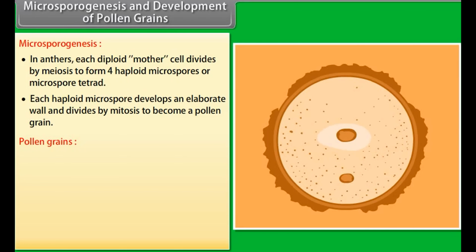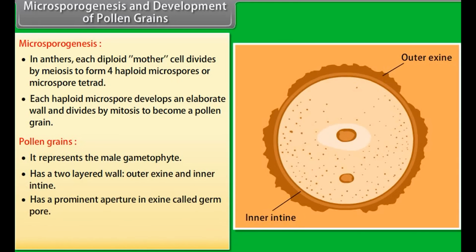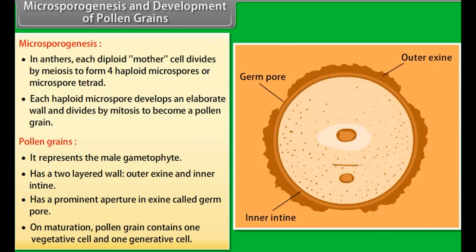Pollen grains represent the male gametophyte. Each has a two-layered wall, outer exine and inner intine, and a prominent aperture in exine called germ pore. On maturation, a pollen grain contains one vegetative cell and one generative cell.